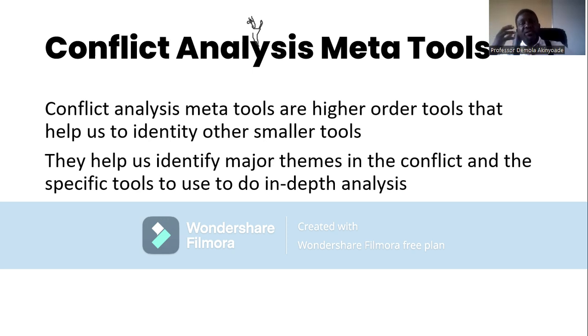So meta tools identify major themes in the conflict, and then the specific tools to use to do the in-depth analysis. In a sense, they're like a bigger container that has compartments where we will keep the tools to use.